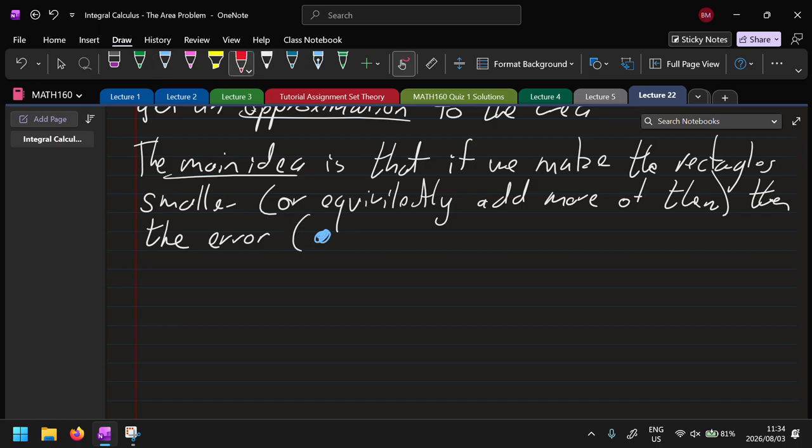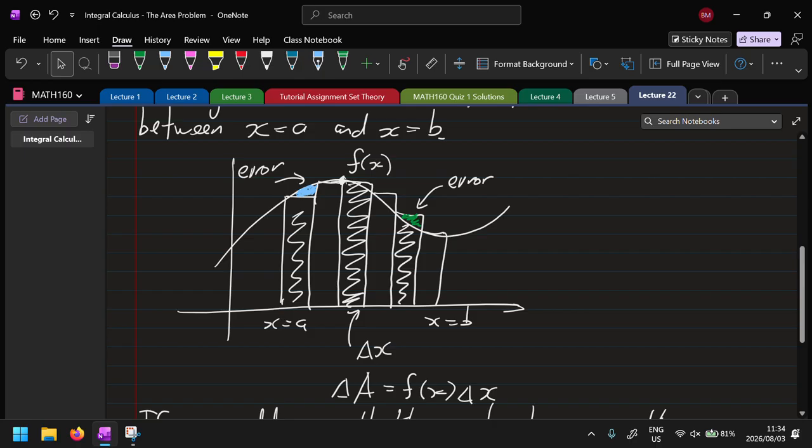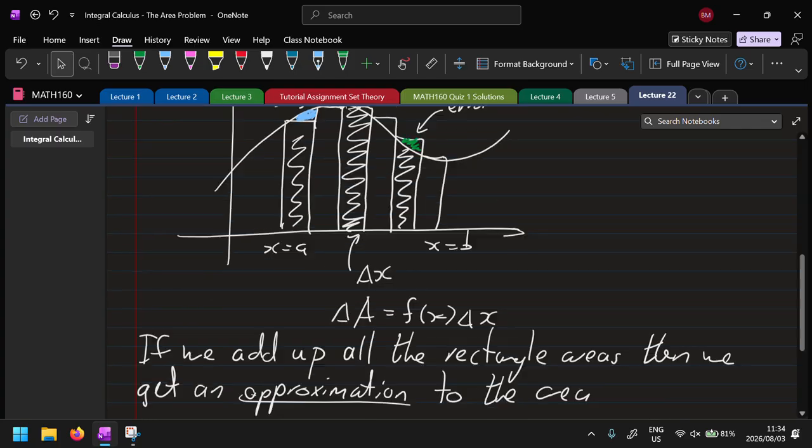So the blue error and the green error. So where there's an underestimate and where there's an overestimate, those two errors hopefully go to zero. Again, the blue was an underestimate because it's smaller than what we need. The green error was an overestimate. It's more than what we need.